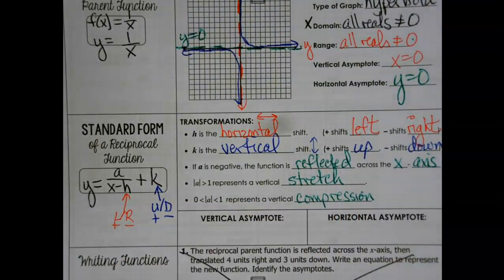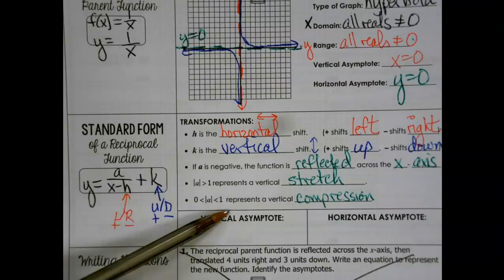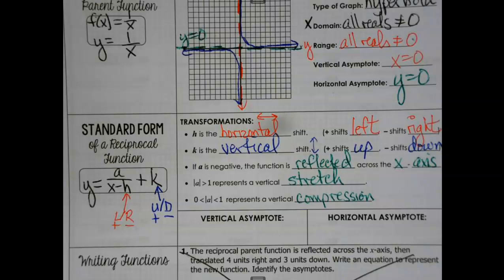It gets smashed in even tighter, like you're smashing a can or something like that. Now, we don't see the A value mess with things as often as these two do, which is why we're going to do most of our discussion about what H and K is doing when it comes to this stuff.